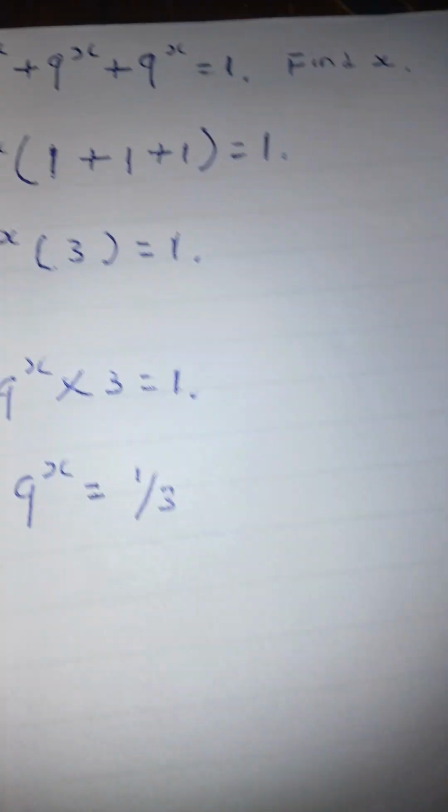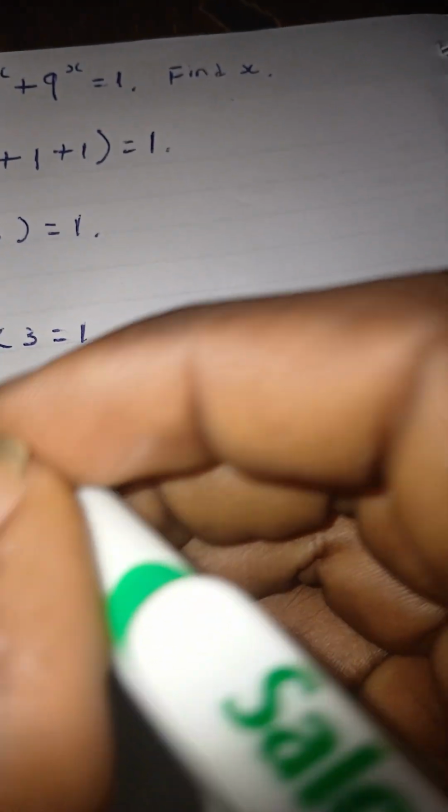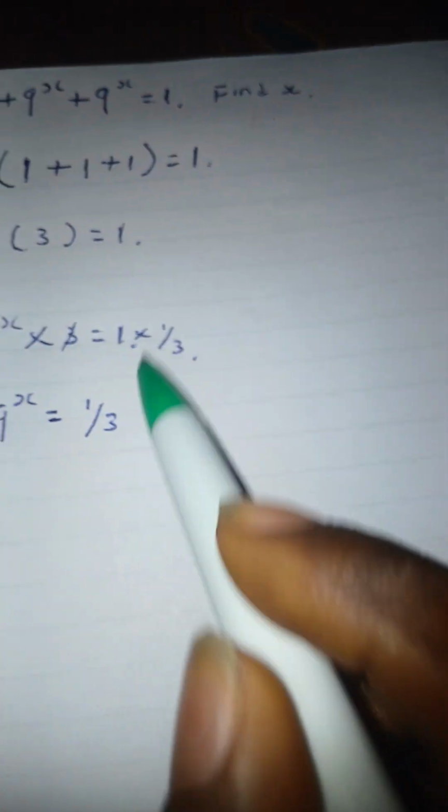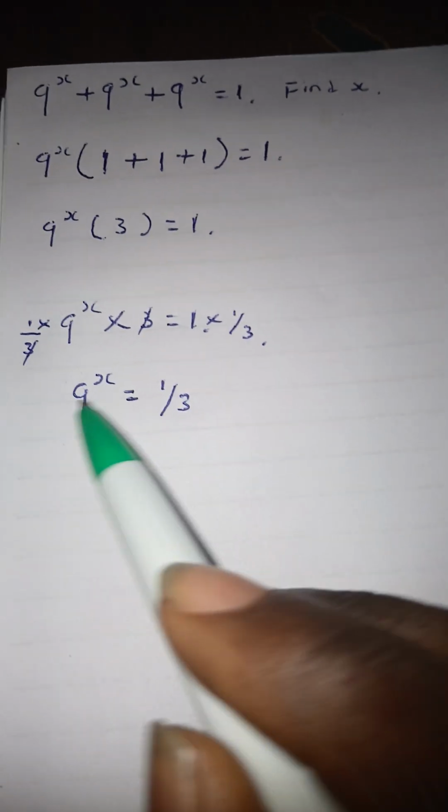Now I have 9 to the power of x equals 1 over 3, because 3 times 1 over 3 cancels out, giving 1 times 1 over 3. That's how I arrive at this.